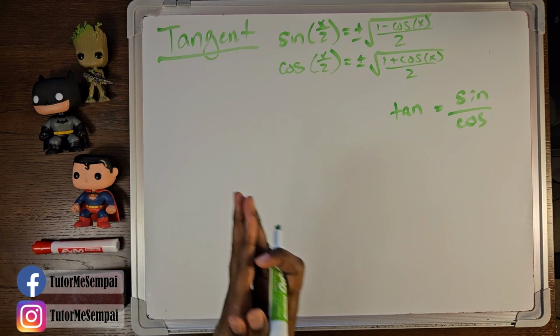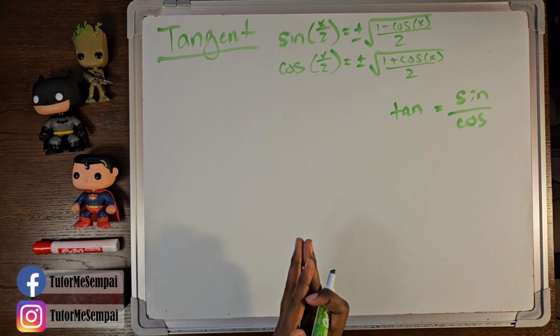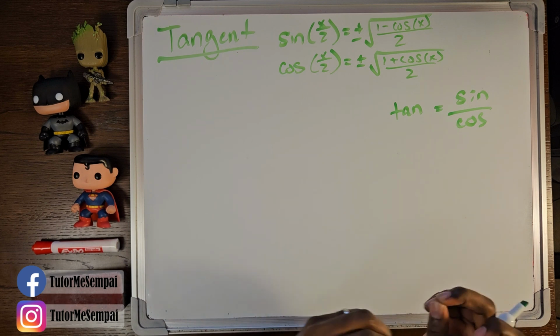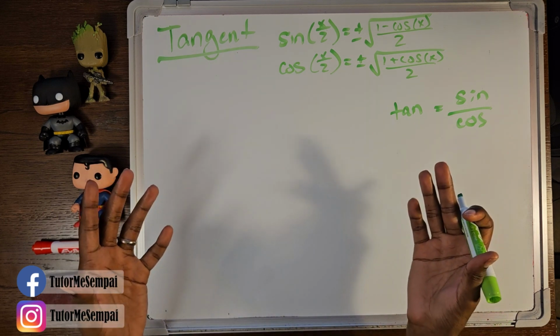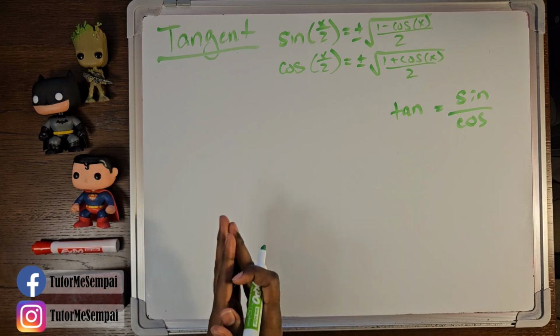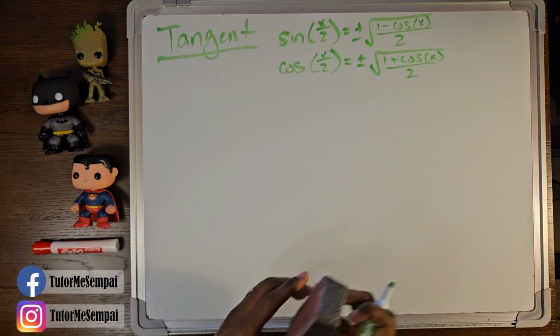But before we begin, I want to warn you, tangent actually has a bunch of different identity phases, just like our cosine did for our double angle identities. But you'll see what I mean by that when we get there. Let's start by finding our most basic half angle identity for tangent. So we're not going to need this because we're going to rewrite it.